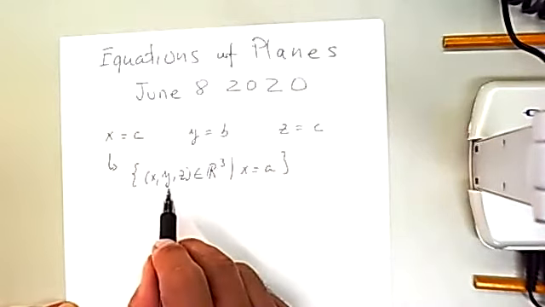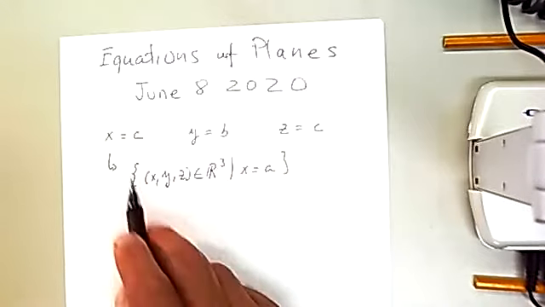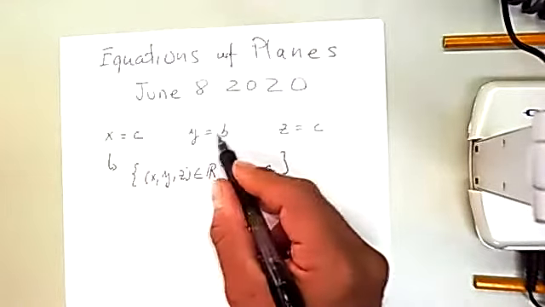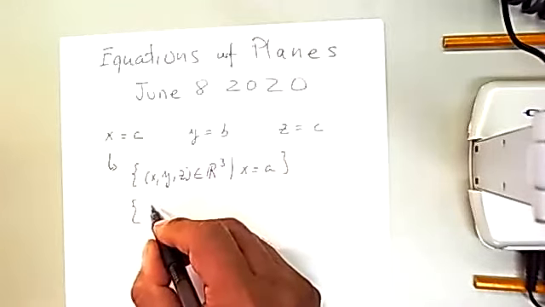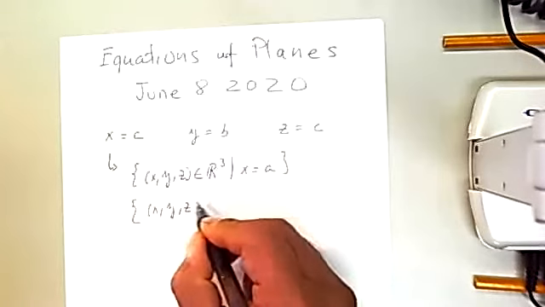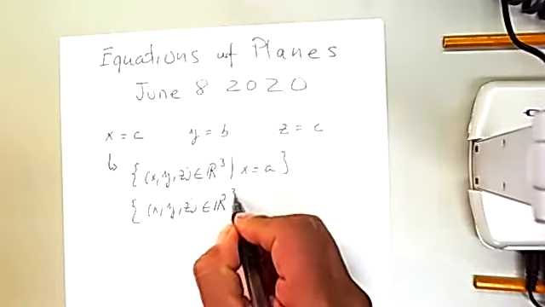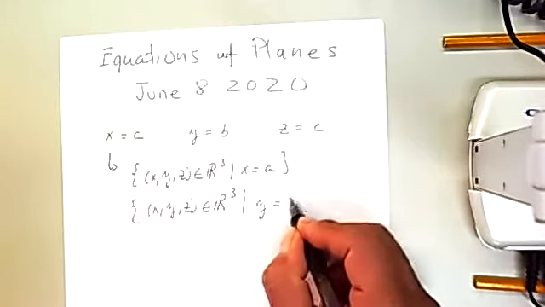So that means that y and z are free to be whatever they want to be. So that is the equation of one plane. The second equation, y equals b, means all the x, y, z's in R cubed, in the three-dimensional space, such that y is equal to b.